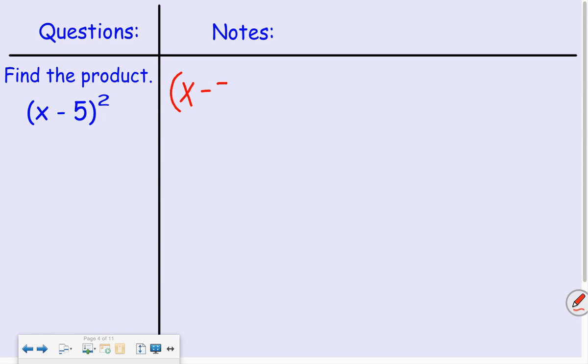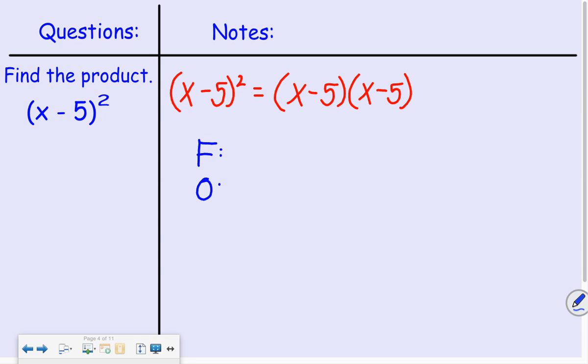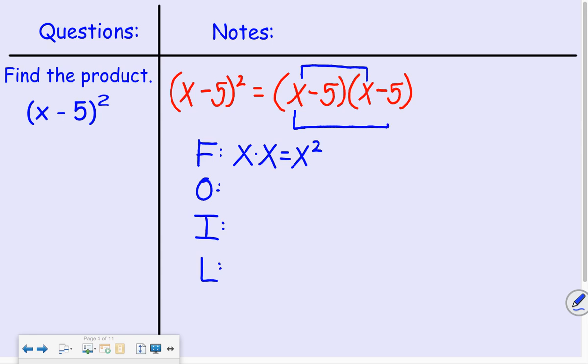So x minus 5 squared is the same as x minus 5 times x minus 5. So then I have two binomials, so I will FOIL. My firsts are x times x. My outers are x and negative 5.